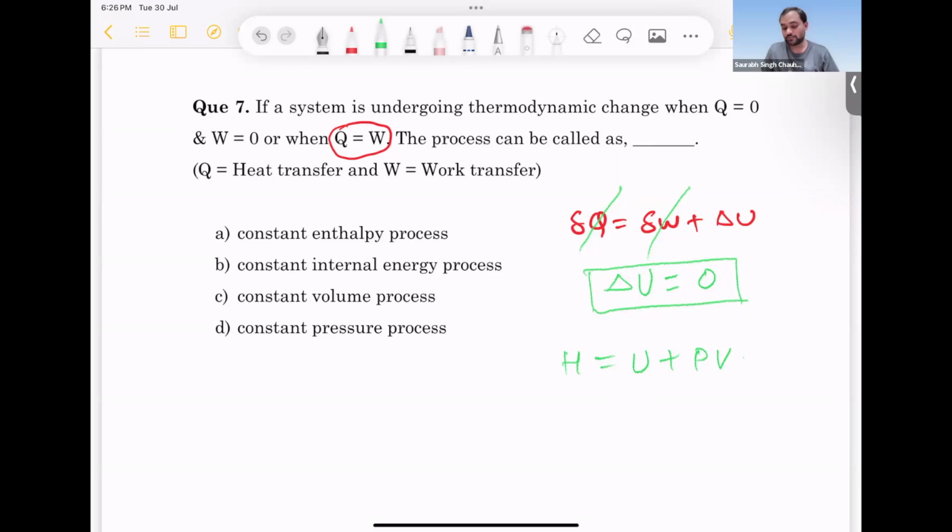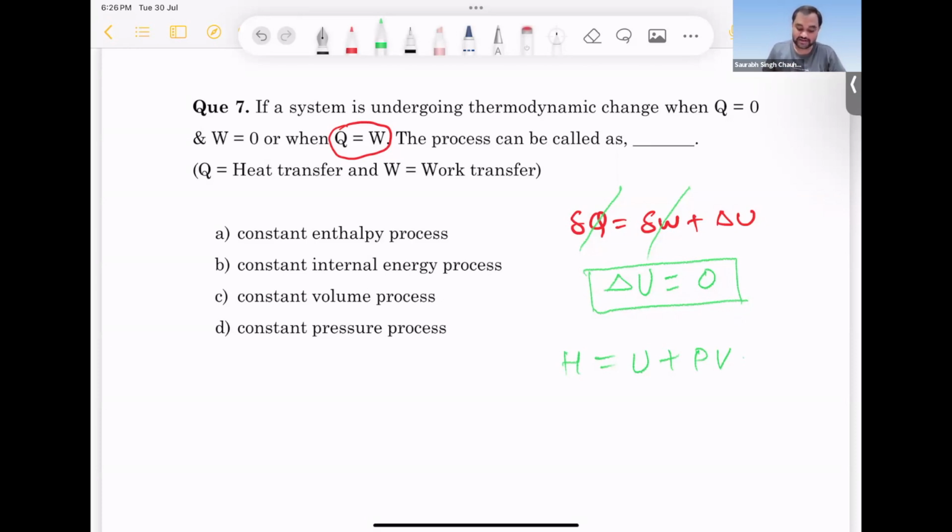If we assume this system to be a simple compressible system, then work will be given by PdV, and if work is 0, then volume will not change, right? But the pressure can change, right? So enthalpy will not be constant. So the first one is not the correct option.